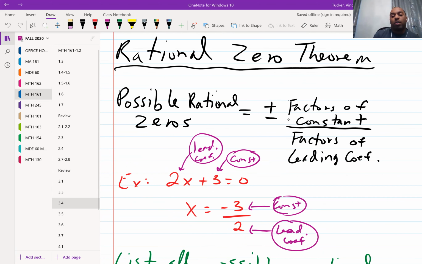So when I solve, notice I have the 3, my constant, over my leading coefficient. That's the foundation of where that comes from. With a polynomial, to find the list of all possible rational solutions, I take the factors of my constant and place them over the factors of my leading coefficient.